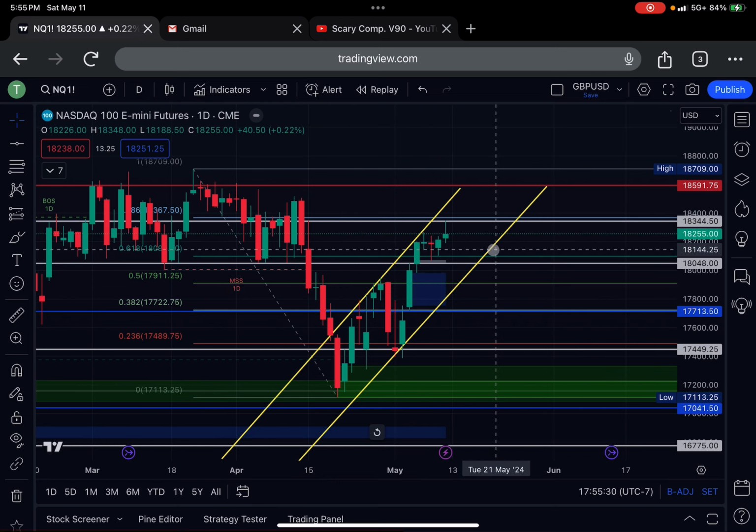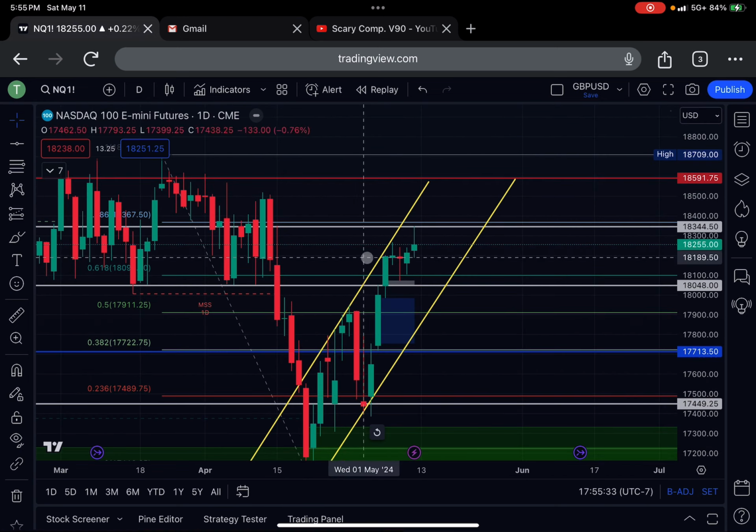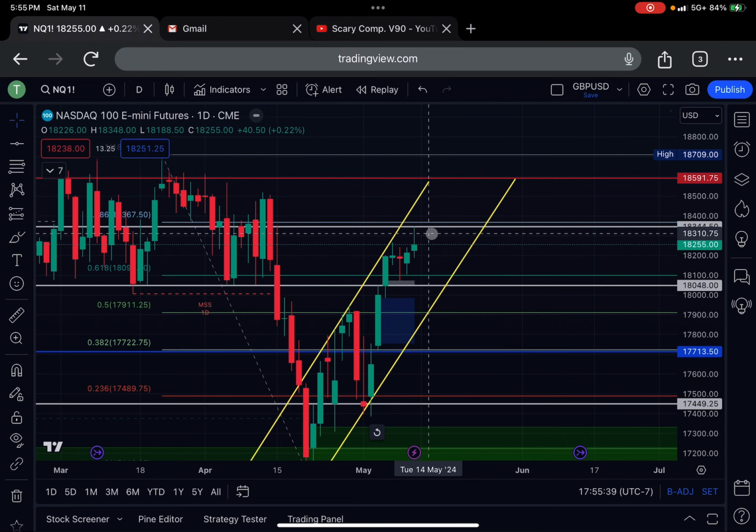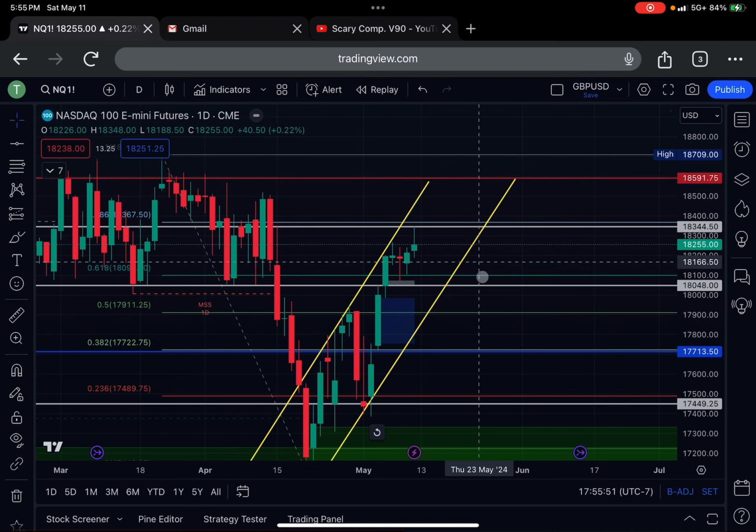Well, I got this price here. I see it hitting this daily. This is the daily. So I said red is the monthly, blue is the monthly. No, sorry. Red is the monthly, blue is the weekly, and these white trend lines are the daily.